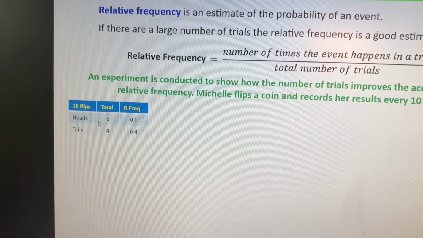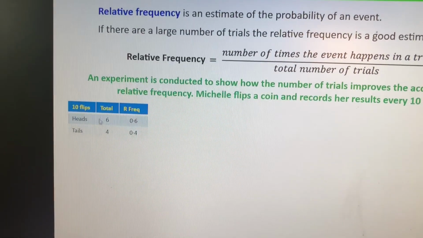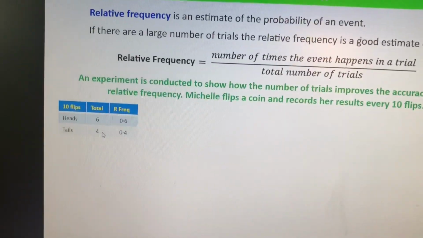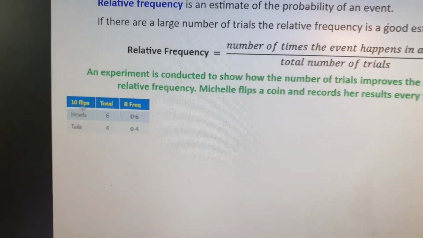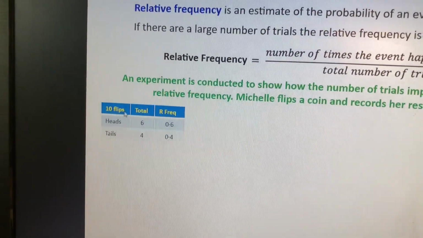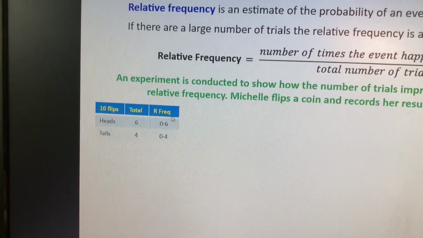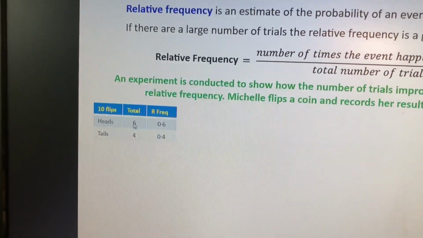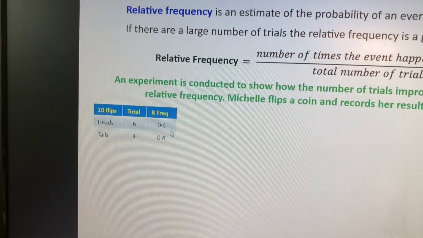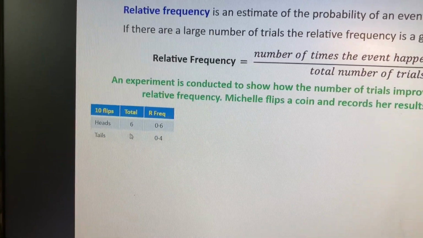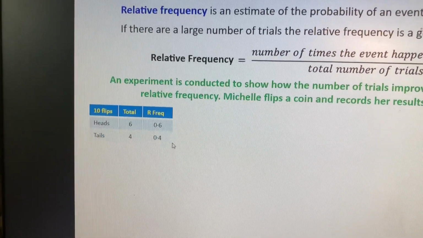So she probably did a tally to help her get those totals. Now, if we just left the number of trials at 10, then the relative frequencies, so 6 out of the 10, 0.6, 4 out of the 10, 0.4.